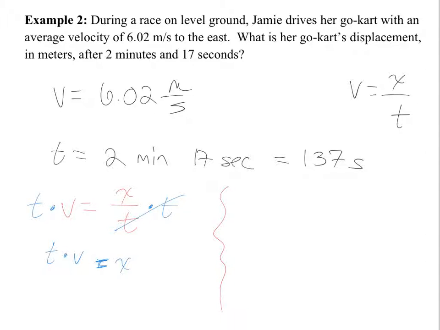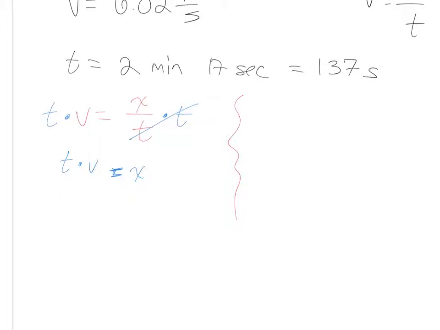So go ahead and plug in your velocity and your time. Here's what you're going to notice. Your time is measured in seconds. Your velocity is measured in meters per second. It's not a coincidence that this happens. The whole concept here is that the units have to balance. So what happens to my units?